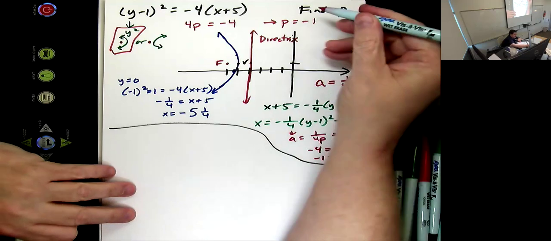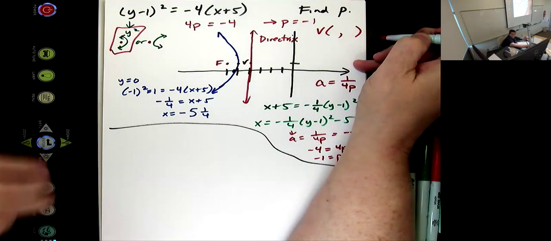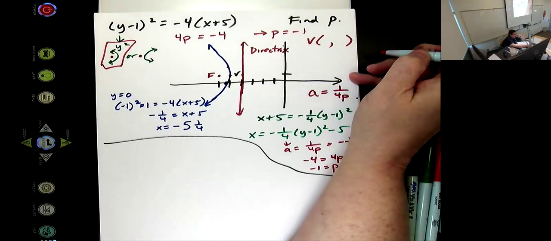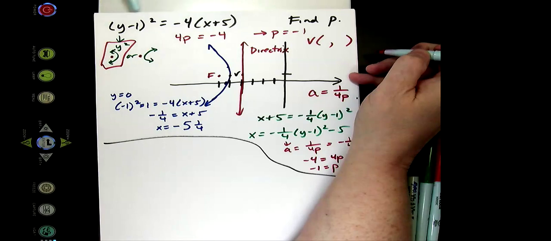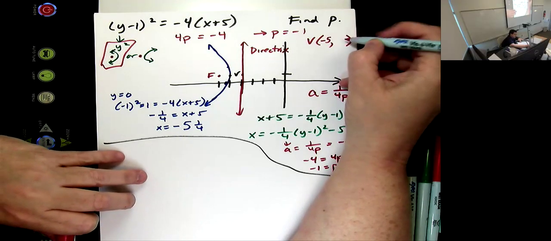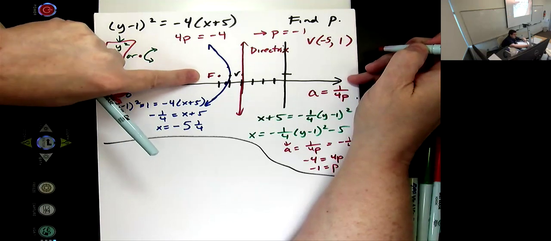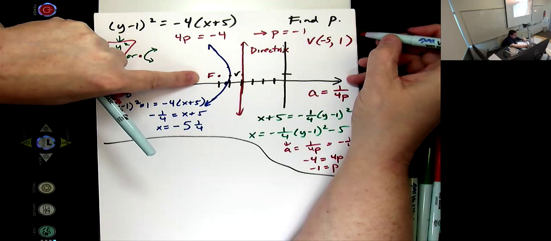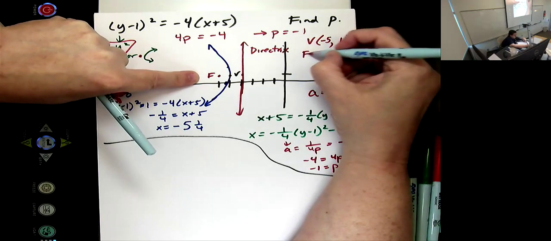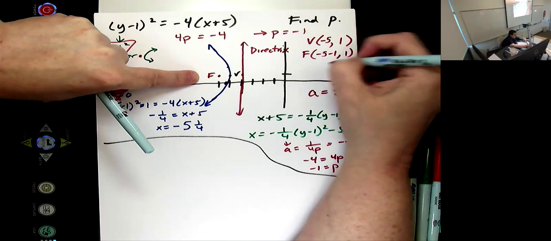What's the vertex first? (1, -5.) The focus is 1 left. I go 1 left, it's -5 minus 1 more, so -6, 1.